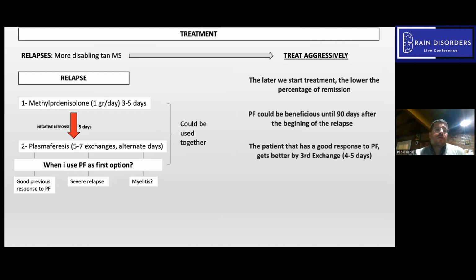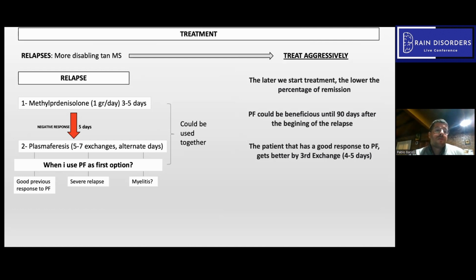First line could be any of them. First methylprednisolone, 1 gram per day for 3 to 5 days, like MS. But if we have a negative response after 5 days, we have to begin with plasmapheresis, 5 to 7 exchanges, on alternate days. We could use them together, yes. It's not very much studied, but we could do this if we have, for example, a very aggressive form of presentation.